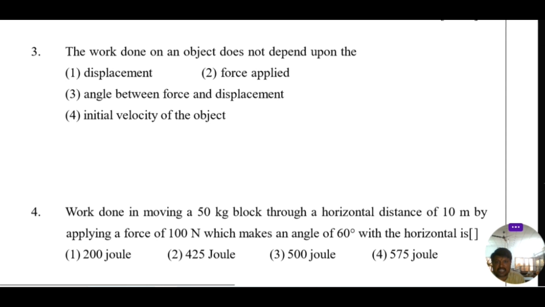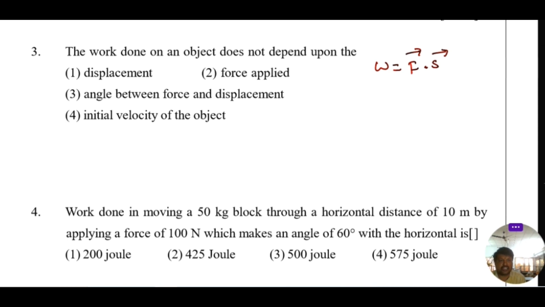The work done on an object does not depend upon the... Already we know very well, work is equal to F dot S, because work is a scalar quantity. If two vectors are multiplied and the product is scalar, then we put a dot between the two vectors.